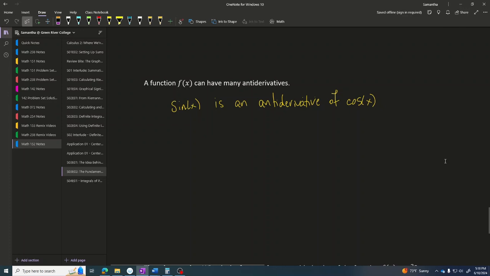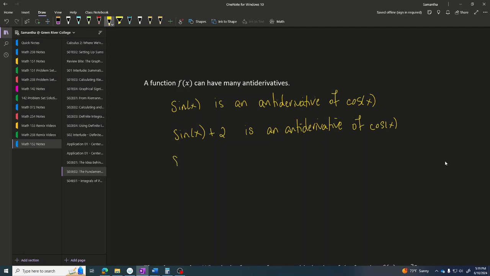However, I could also say that sine of x plus 2 is an antiderivative of cosine. Why? Because if I take the derivative of sine of x plus 2, the derivative of sine becomes cosine, the derivative of 2 just vanishes, and the result is equal to cosine once again.